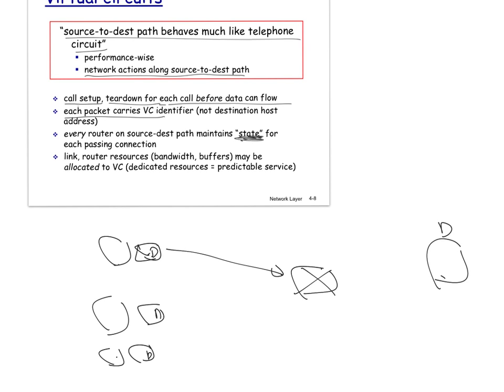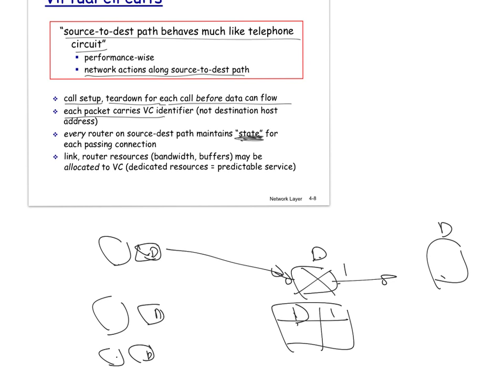If you use datagram, the router will not have any distinction between sources. It doesn't know whether this is coming from this source or this source. All it knows is that if a packet comes on this port and it has a destination address of D, then send it this way. So in the routing table, you will have one entry called D, go to port number 1. That's it. This entry will accommodate the traffic coming from hundreds of sources.